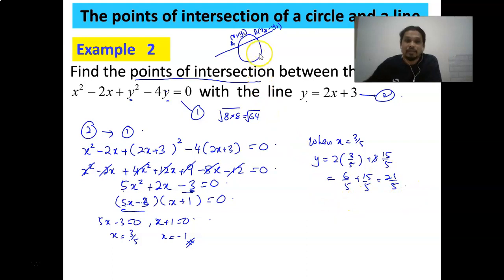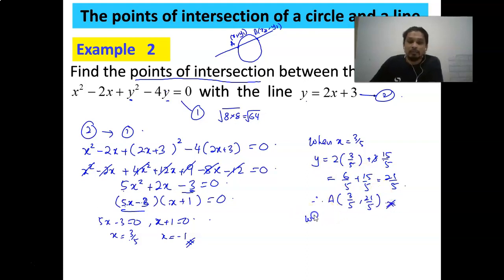So the first, I label this here as A and B. So then A, the first intersection point, is x equal to 3 over 5 and y equal to 21 over 5.